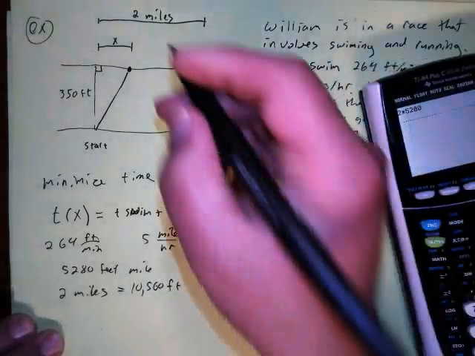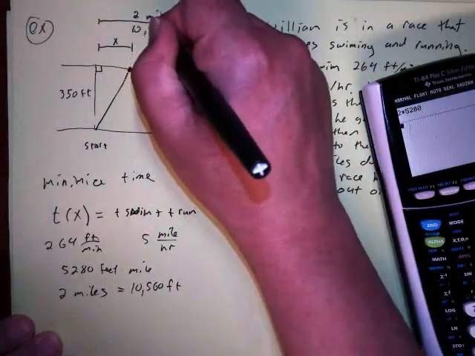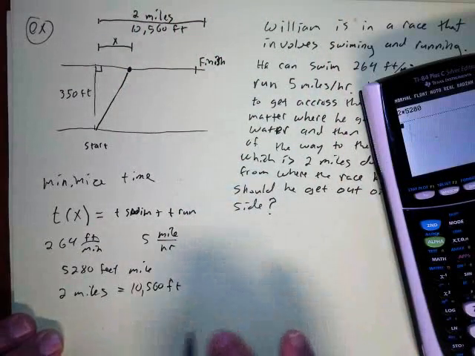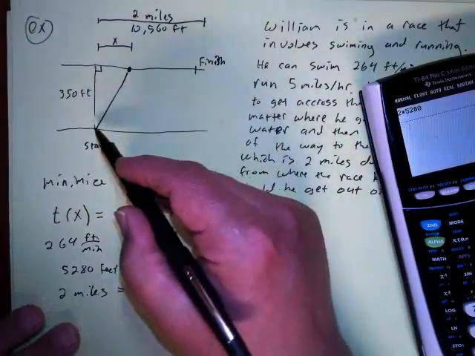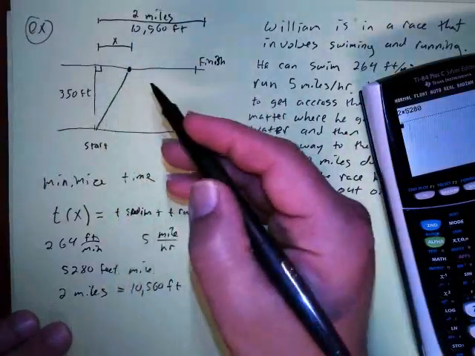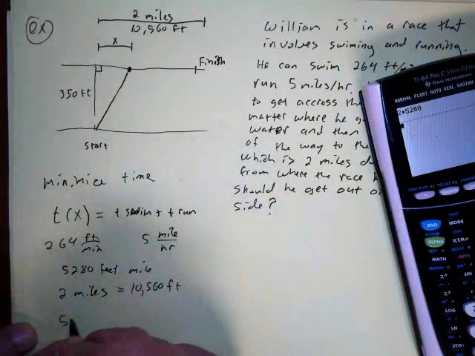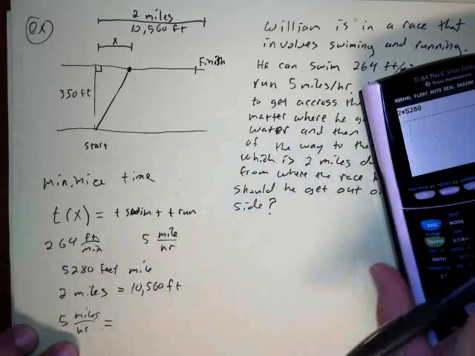So that's the first thing. This 2 miles is really 10,560 feet. Okay. And then I'm going to switch this, I need to do 5 miles per hour. Okay. And I need to switch that to feet per minute.